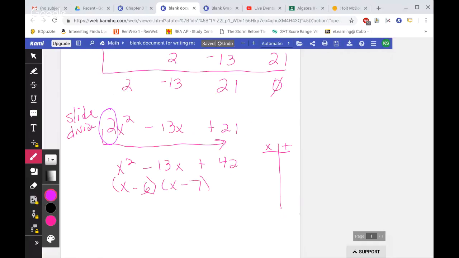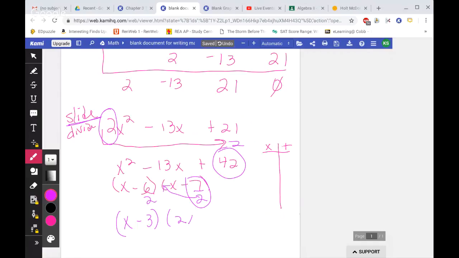We did the slide, and now we have to do the divide. The divide means, when we slid this 2 down and multiplied it here, now we have to take it back out. When it's pretty, like 6 divided by 2 is a 3, you can write that one down. This one right here is not as pretty. That's not going to be an even number. So when you're looking for factors, you just scoot it over here.